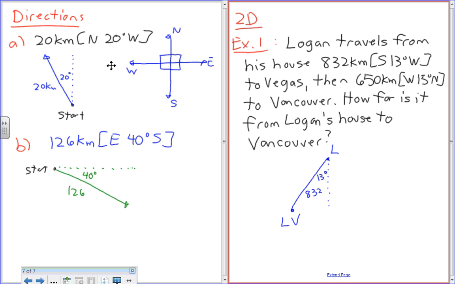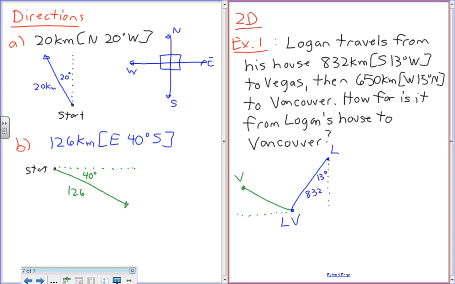As far as the next part here, how do I draw west 15 degrees north? Someone new here, please. Go ahead, Andrew. Okay, good. I'm calling that a 15. So we're going to go this way, that's west.